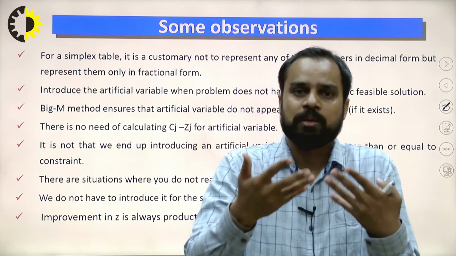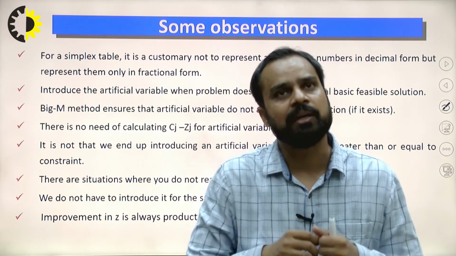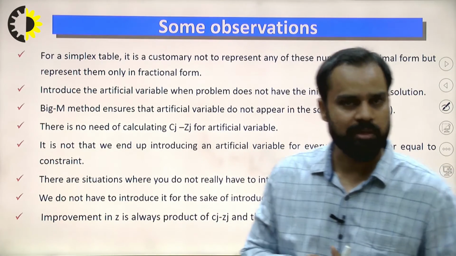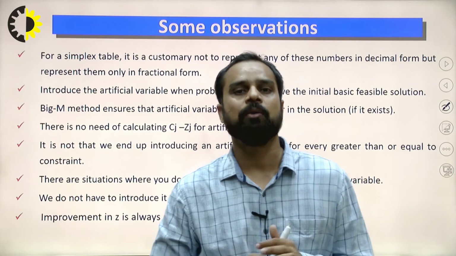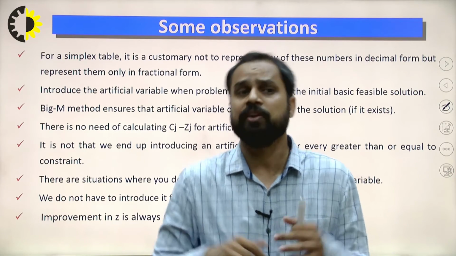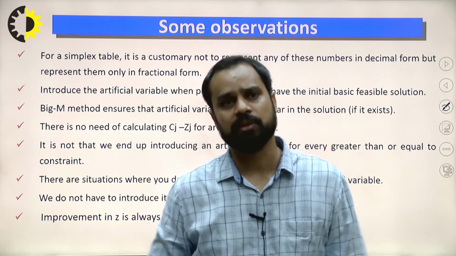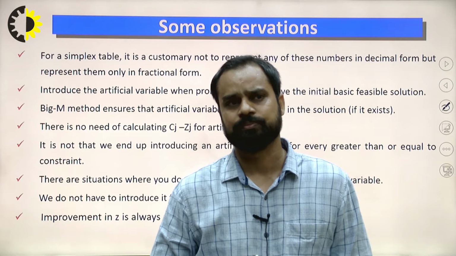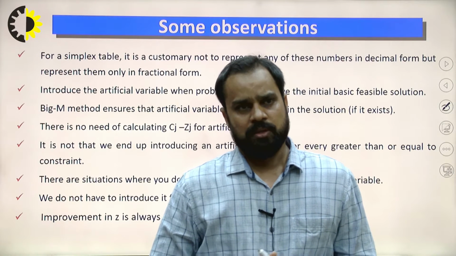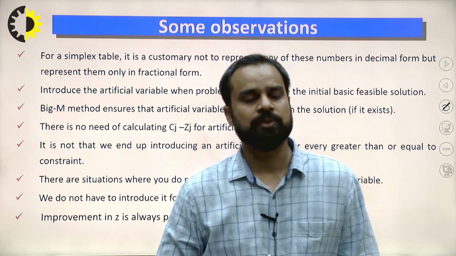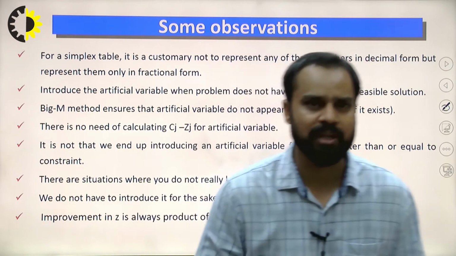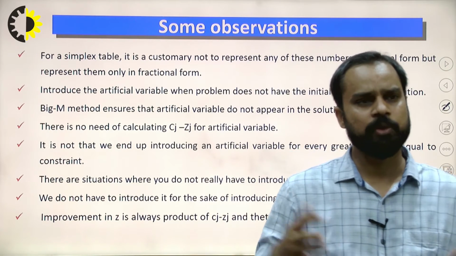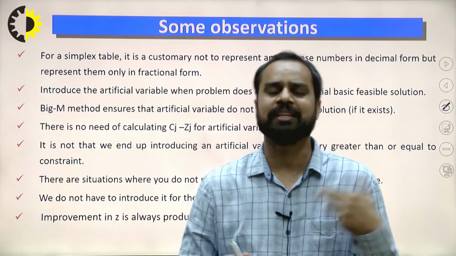There are many problems in which you will identify that there is no requirement for artificial variables. If required, then add, otherwise no need to add. We do not have to introduce it for the sake of introducing it.